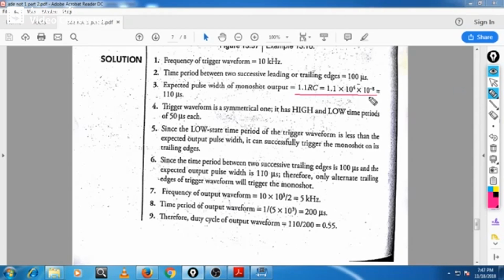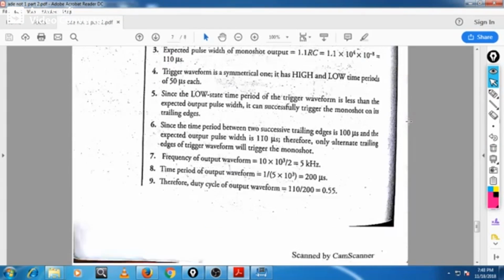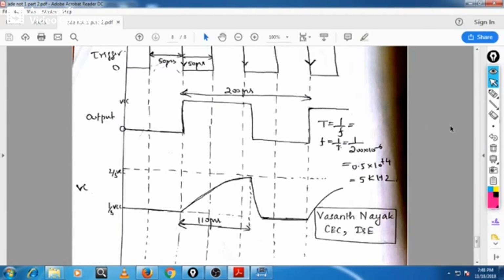When you calculate this, it is nothing but 110 microsecond. Here you can see this is 2 by 3 VCC. To reach this 2 by 3 VCC, it will take 110 microsecond.